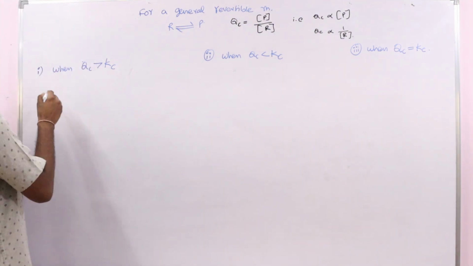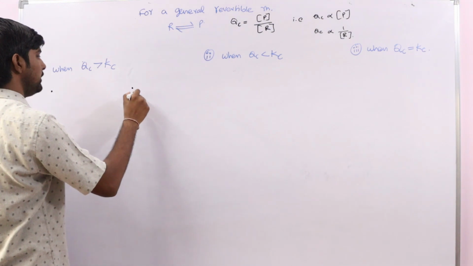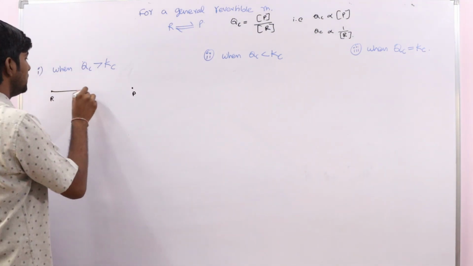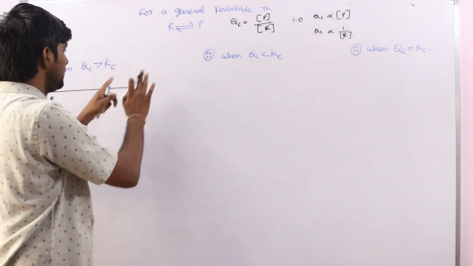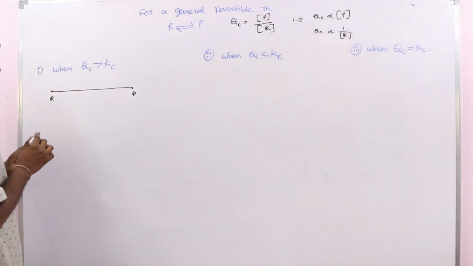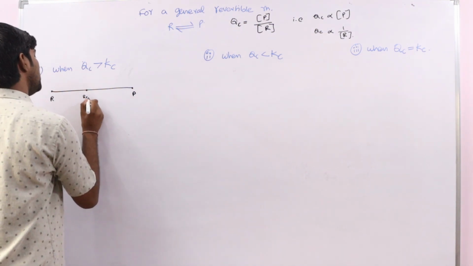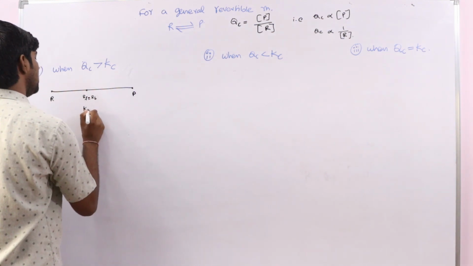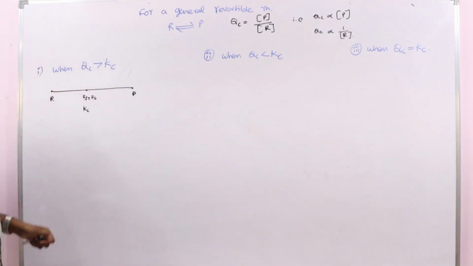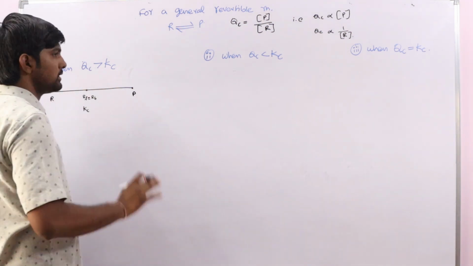Let us take a reversible reaction, which I am indicating with a line. At this position, the rate of forward reaction became equal to the rate of backward reaction, so equilibrium is established at this position and we have written Kc here.